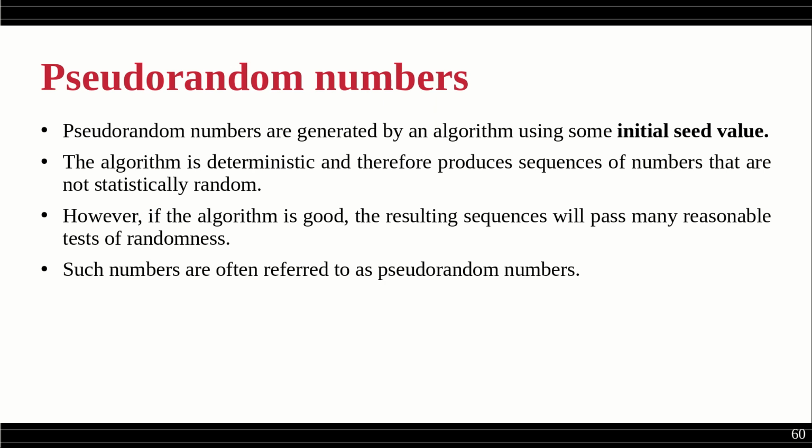So such numbers are often referred to as pseudo random numbers. You can't call them random because statistically they are not random, so we call them pseudo random numbers. In the sense that it is somewhat random, but not 100% random. To some extent we are trying to achieve it.